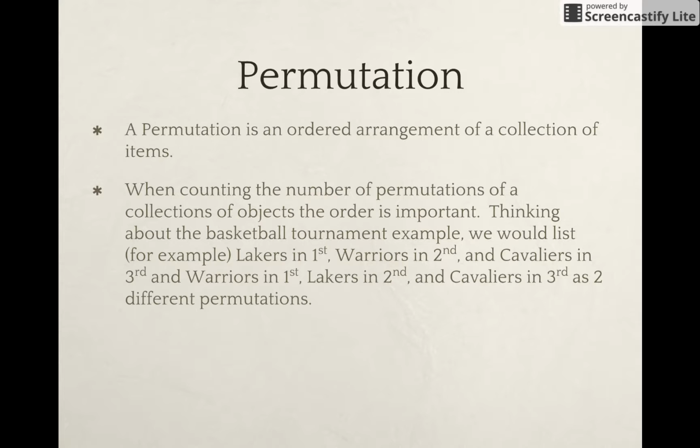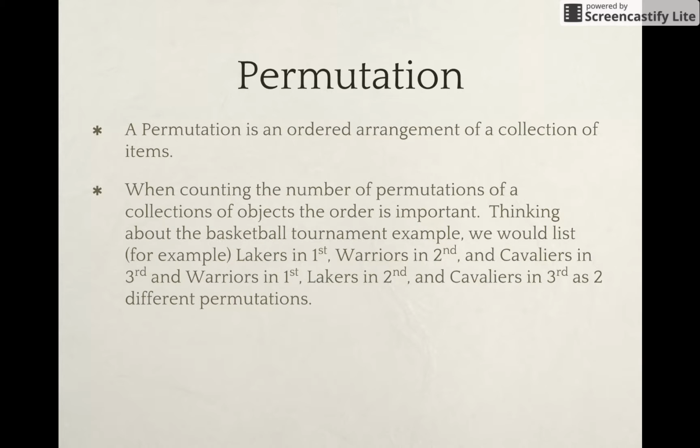These are called permutations. A permutation is an ordered arrangement of a collection of objects. One key aspect to permutations is that we're talking about things that have an order to them. And so when we change the order of the objects that we're counting, that changes the outcome. We consider that to be different.